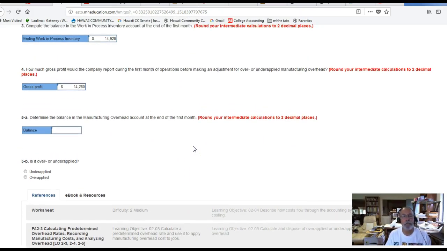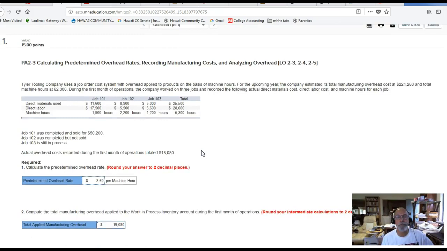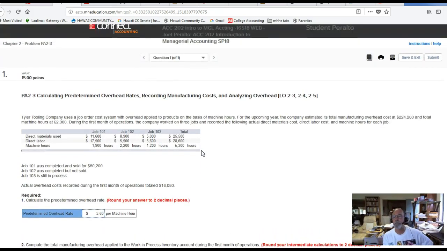Let's see. Requirement 5A. Determine the balance in the manufacturing overhead account at the end of the first month. Well, what information do we have on overhead? We don't have overhead.